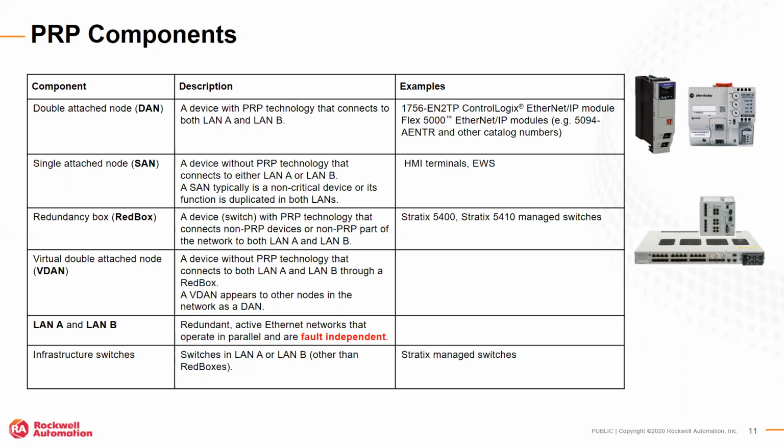So we don't have to go to the expense of making special arrangements to put it into a parallel redundant network. And we have the RedBox or the redundancy box. This is a device we use to put devices that don't support PRP natively onto the network.